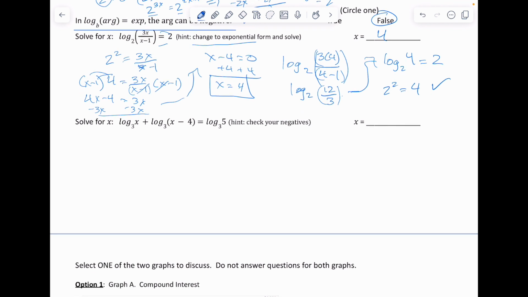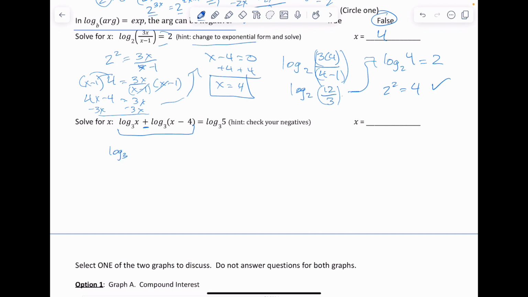Next problem that we have is log base 3 of x plus log base 3 of x minus 4 equals log base 3 of 5. So first thing that we're going to have to do is combine everything on one side into one log. So we have a plus here. What do we do when we plus? We get to multiply.